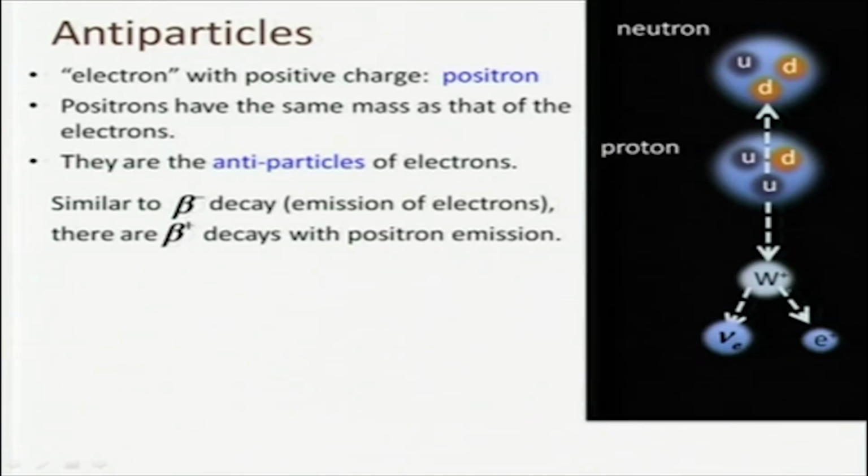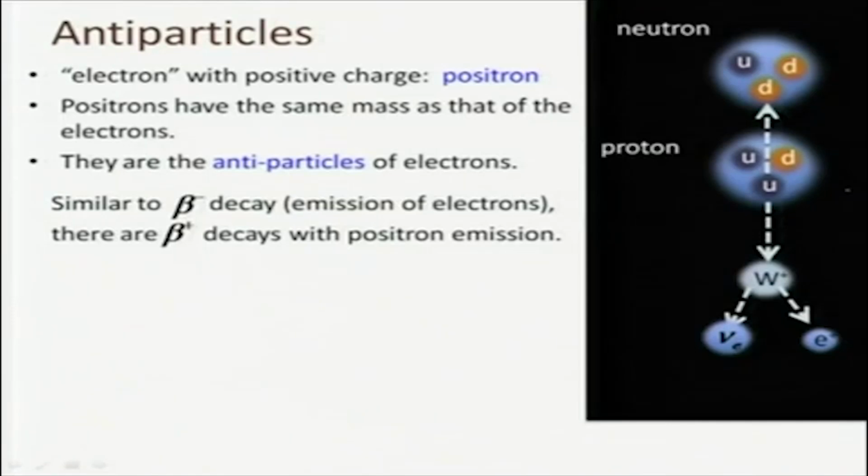The u quark initially has a charge of plus 2 by 3. This is converted into a d quark of charge minus 1 by 3 and W plus of 1 unit of positive charge. So, the total electric charge in the initial and the final states is plus 2 by 3, and this W plus decays to a particle which has the same mass as that of the electron and a neutral particle which is similar to the neutrino.